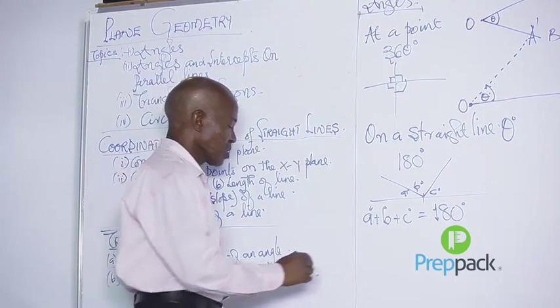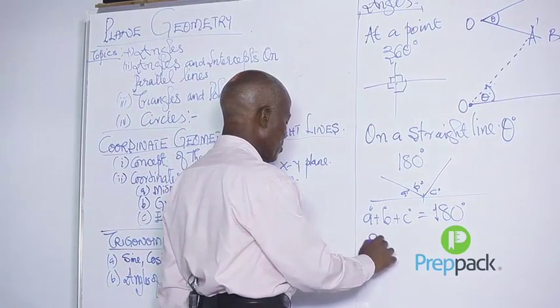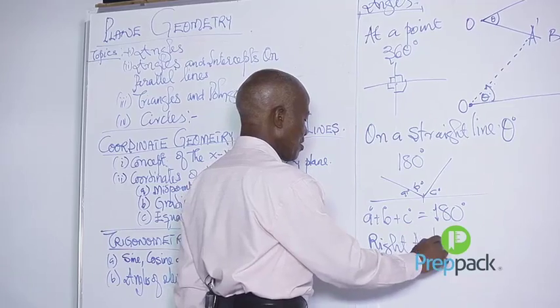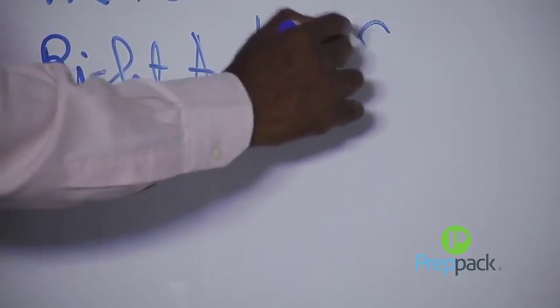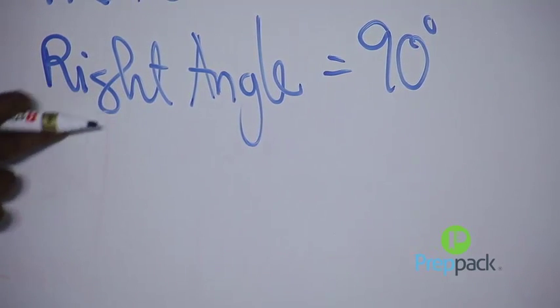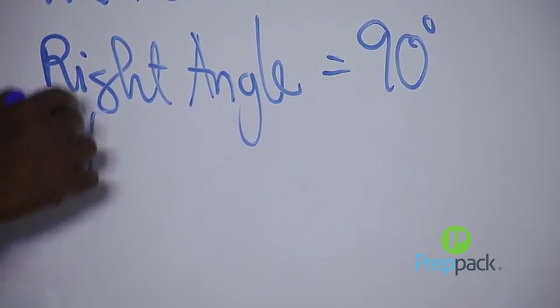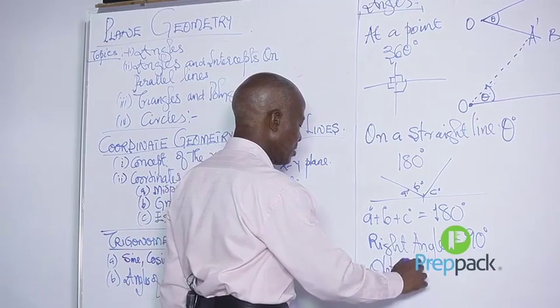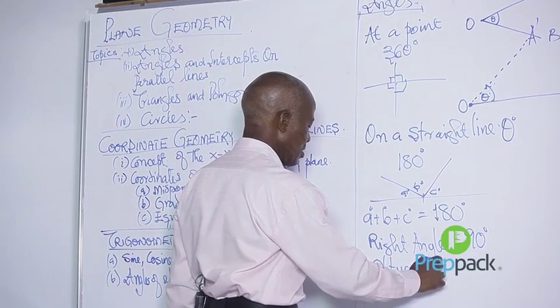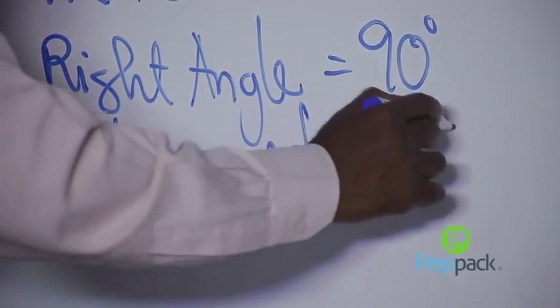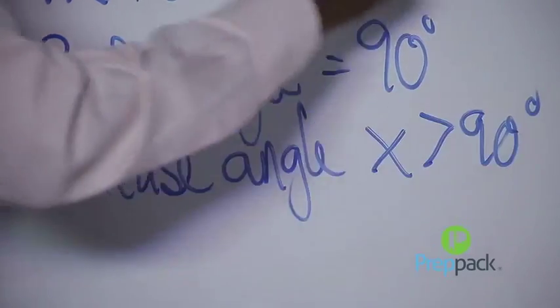We have a right angle. A right angle is 90 degrees. Okay, we have obtuse angle, that which is greater than 90 degrees.